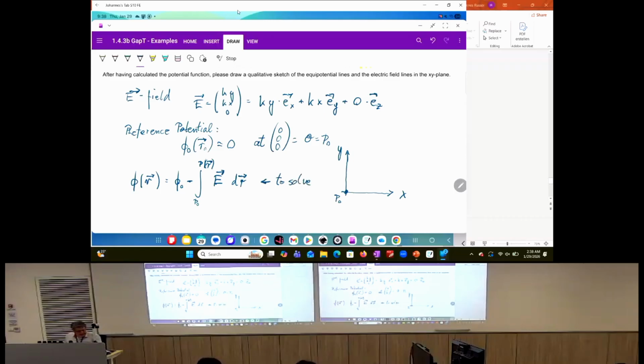And let's say our point P of R is somewhere here. That is given with some x and some y coordinate in this specific example. So we have to integrate somehow from point 0 to point P. How shall we do that?